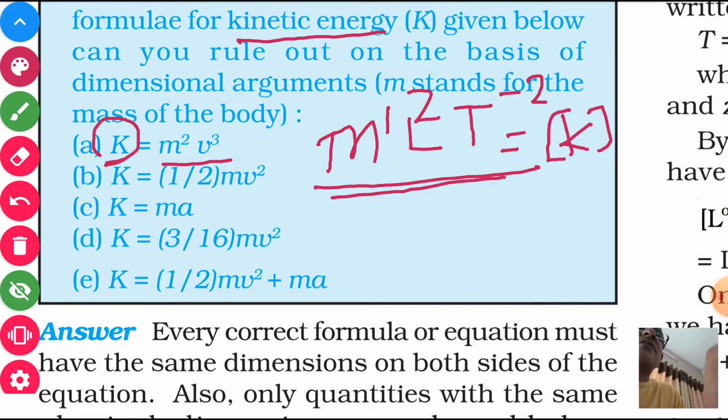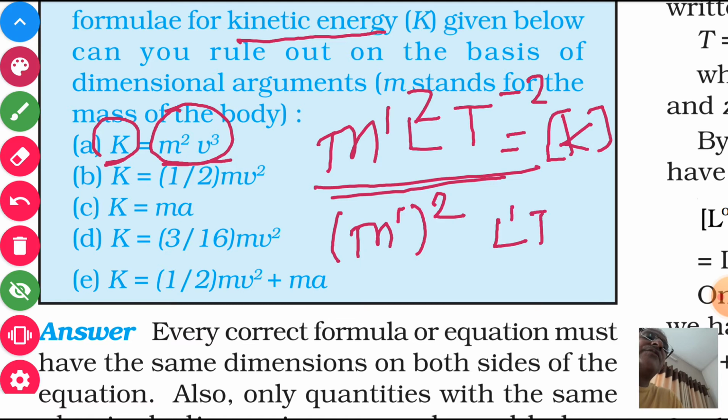Now on the RHS, it is m², so M². Then v³ is L¹T⁻¹ whole raised to 3. Simplify this, what will you get?